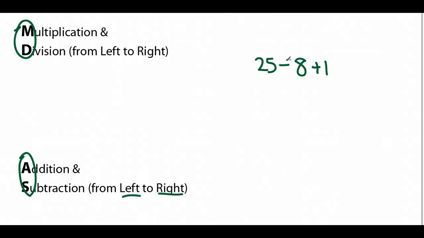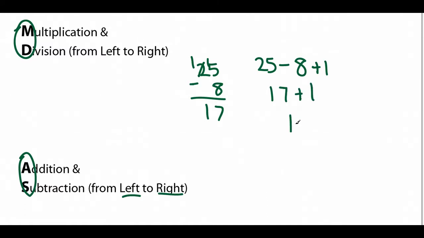So we start 25 minus 8. And so we can come over here and say 25 minus 8, which is borrow 15. 15 minus 8 is 7. So we have 17 plus 1, and then we add 1 to it, and we get 18.